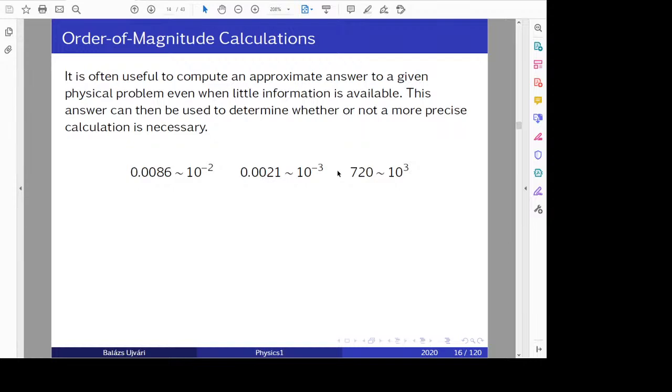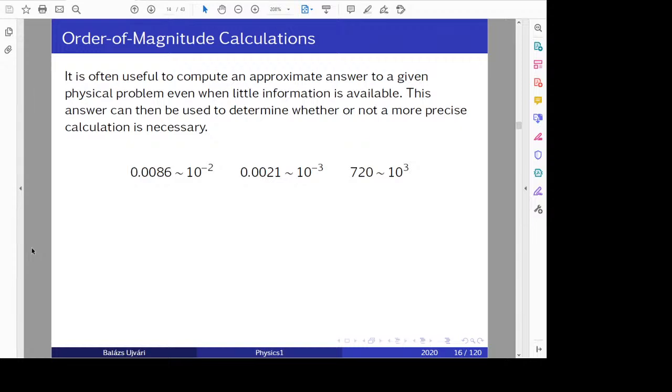For example, if you want to measure the distance between your house and the school, you won't use a ruler with a millimeter precision, but you can check it, for example, on Google Maps. Or if you want to measure the size of your phone, you won't go to Google Maps to check it. You will use a ruler. So knowing something before you measure by the order of magnitude can help you to find the best tool to do that measurement.